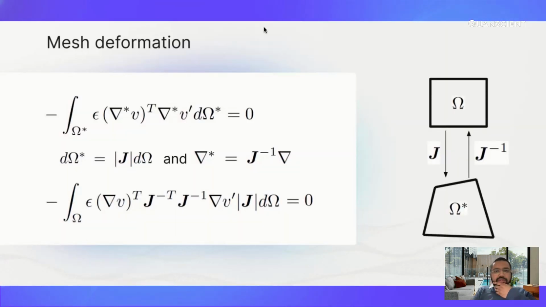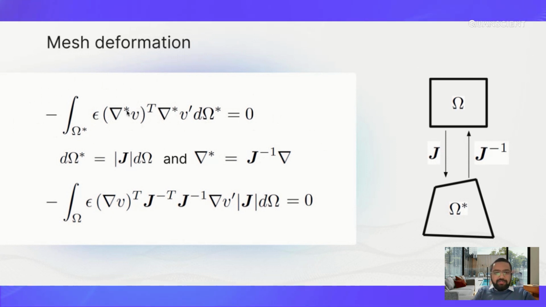In this case, to tackle the mesh deformation, I take an example of electrostatics. As you can see, in the weak formulation here, the first equation, there is the gradient of electric potential. It has been integrated once, so that's why you see the grad of electric potential and the electric permittivity in this case.